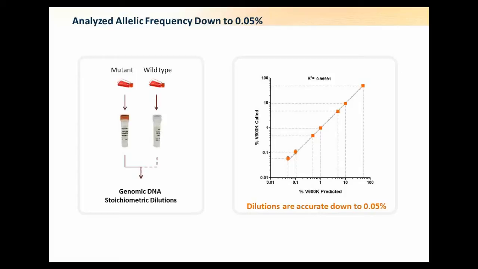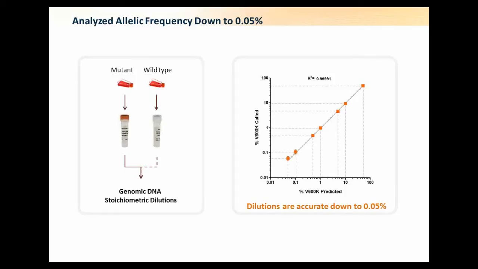For example, here you can see one dilution curve that we have prepared ourselves for the V600K mutant and validated using our digital PCR platform. Or alternatively, we can also support you by providing you with the mutants at low allelic frequencies, following dilution. And dilution guidelines can be found on our website if you choose to do it by yourself.